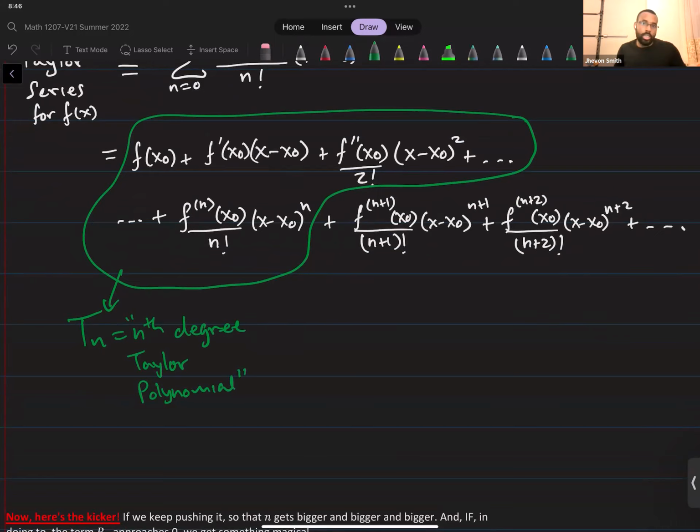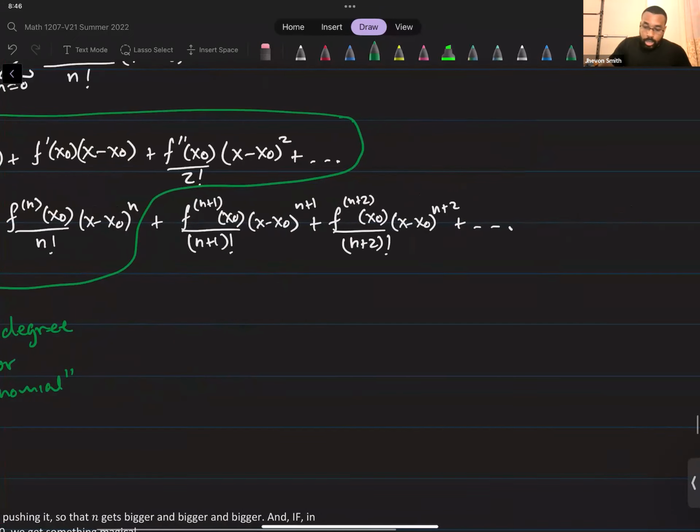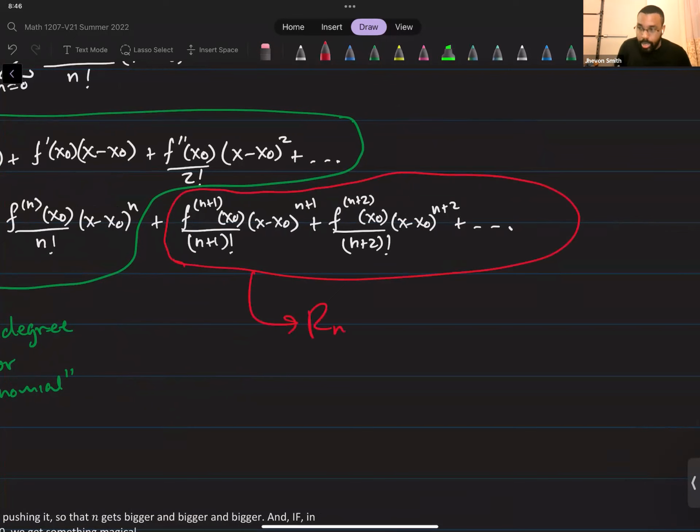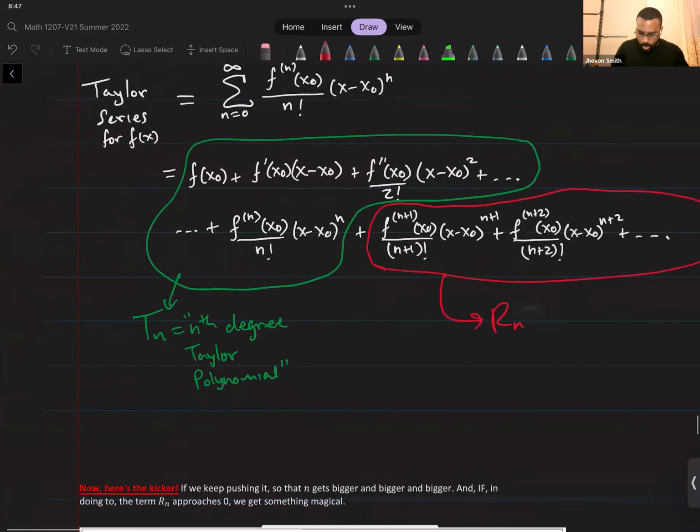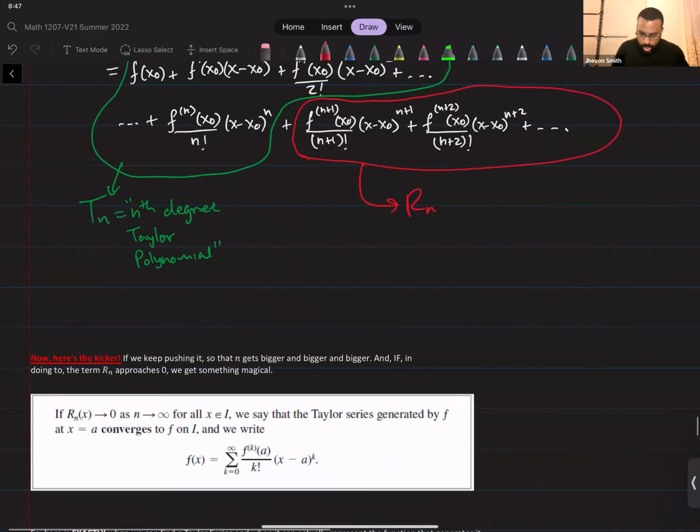So I can mention this in a problem: consider the nth degree Taylor polynomial. This is what I'm talking about, this polynomial. Write out the Taylor series up to the power n. But of course, the Taylor series is an infinite series, so there's going to be an infinite number of terms left over. That is R sub n, the remainder term, right? I think that notation is used later on.